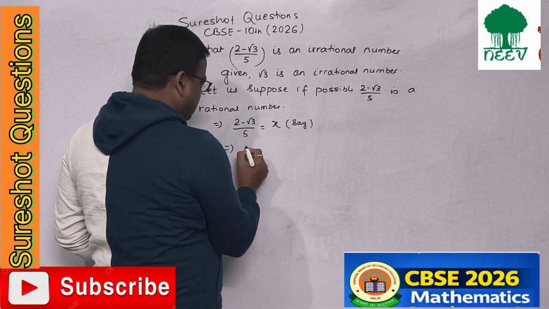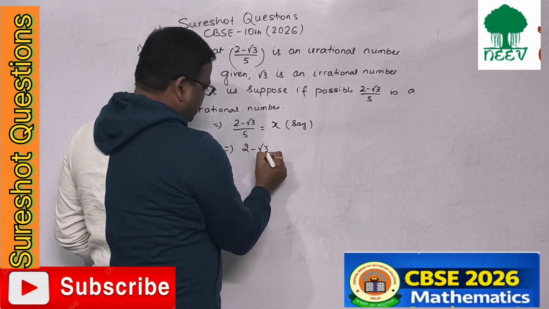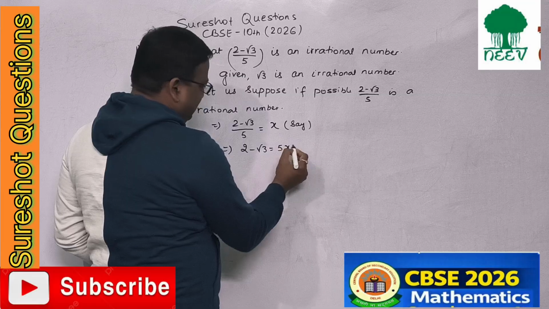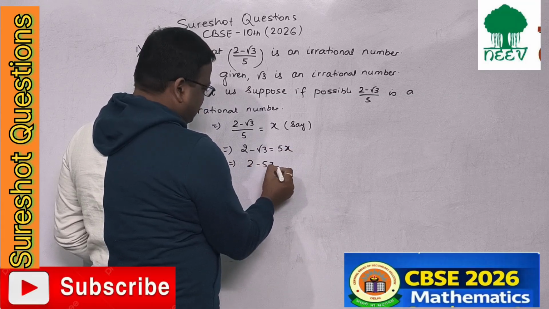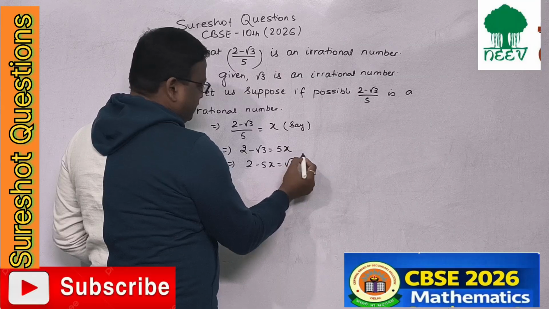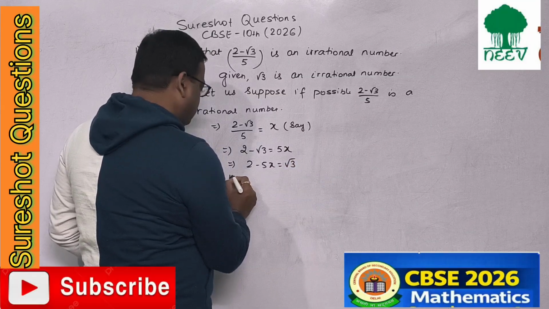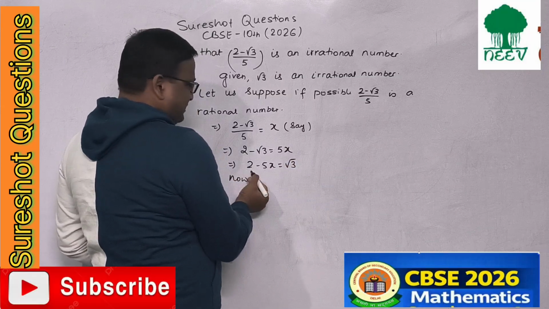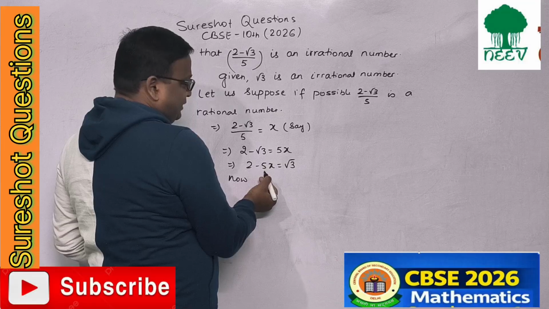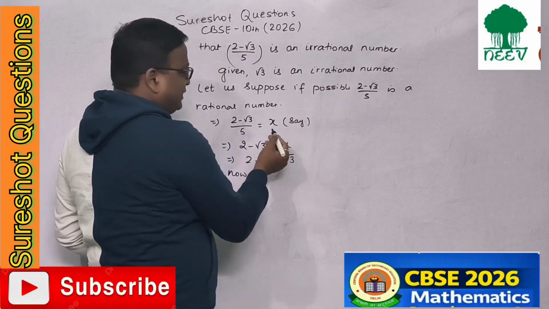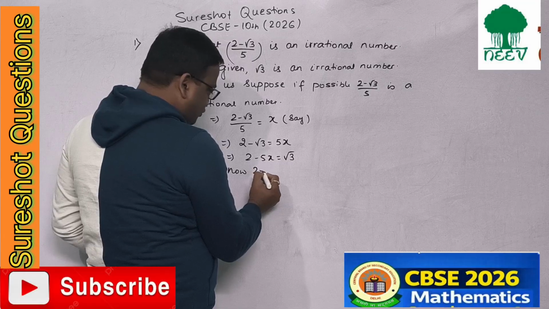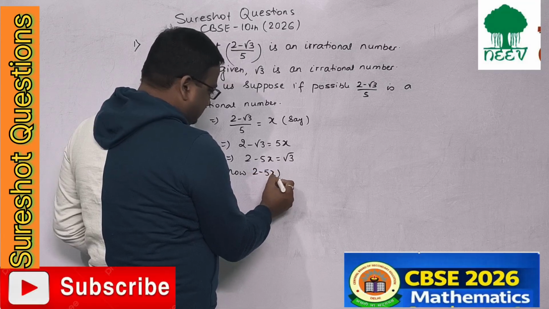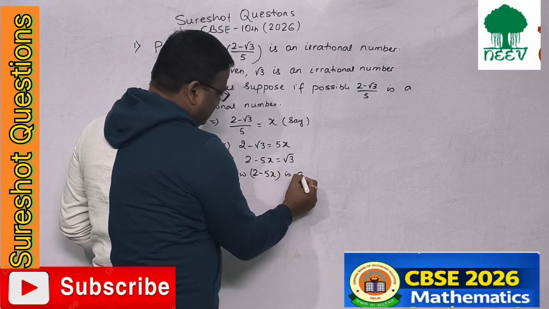This implies 2 minus root 3 is equal to 5x. This implies 2 minus 5x is equal to root 3. Now, 2 is a rational number, 5 is a rational number, and x we have supposed that is a rational number.